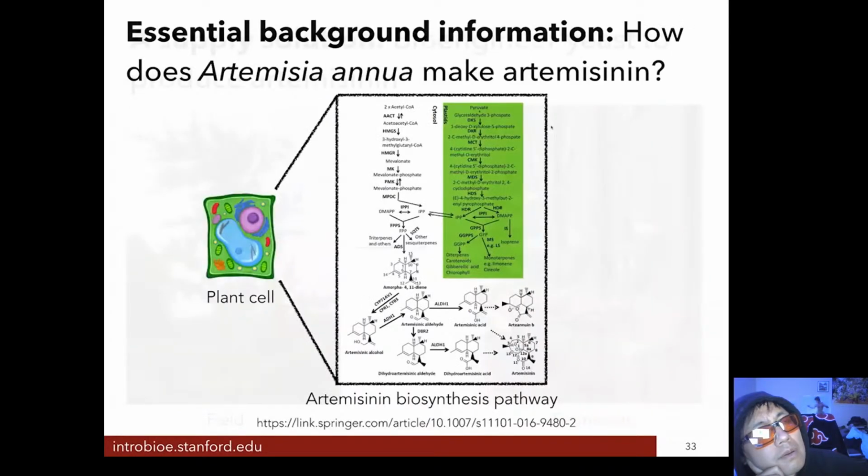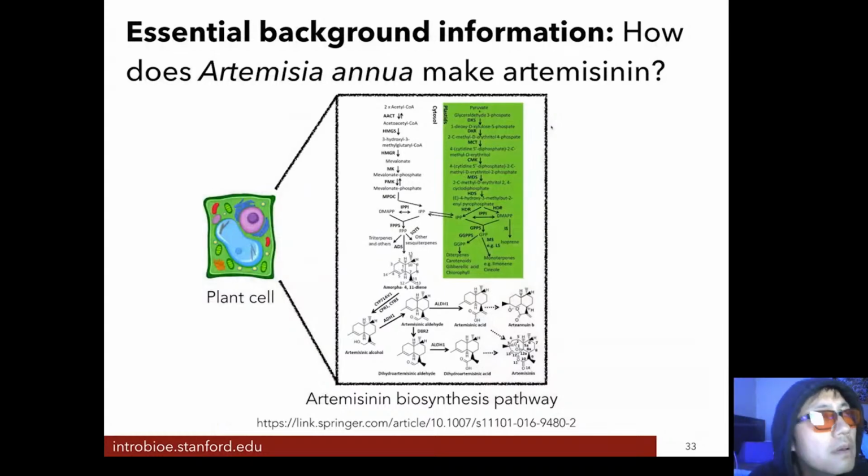Well, you need some background information. You have to know how the plant cells, the cells of that Artemisia annua shrub, produce artemisinin. And fortunately, there had been a lot of work on plant genetics to figure out exactly which genes encoded in Artemisia annua's genome lead to the production of artemisinin.